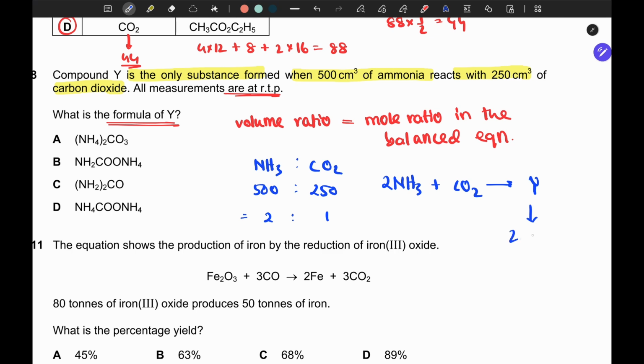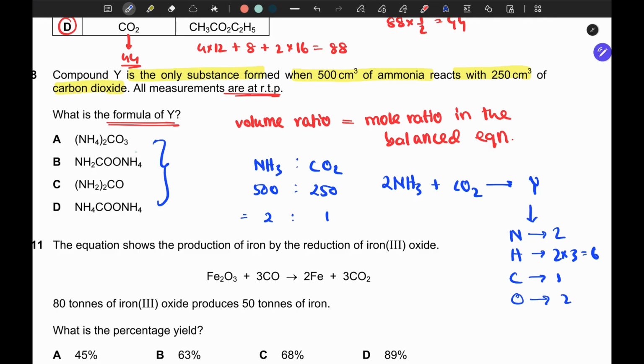For nitrogen, we have 2 nitrogen atoms. For hydrogen, it should be 2 times 3, so that's 6. For carbon, that's just 1. And for oxygen, that's 2. So out of these options, whichever one fulfills these requirements of having 2 nitrogen, 6 hydrogen, 1 carbon and 2 oxygen should be our answer in this question.